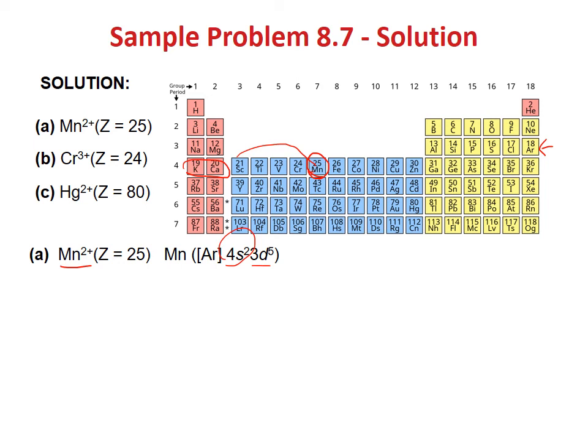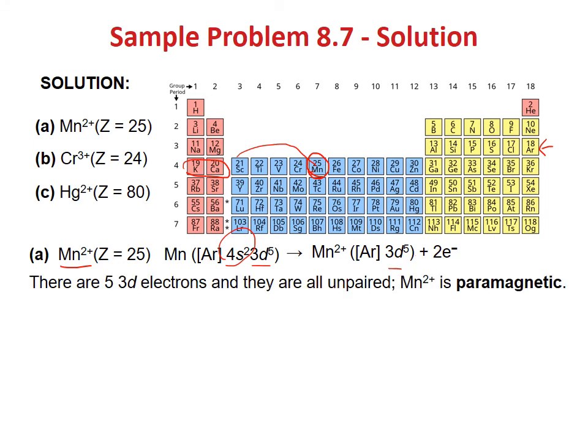So it should lose the s electrons first before the d electrons, and that gives you the electron configuration 3d5. Remember there are 5 d orbitals, so the 5 electrons should enter each of the 5 orbitals according to Hund's rule, and therefore these are 5 unpaired electrons, and therefore manganese 2+ should be paramagnetic.